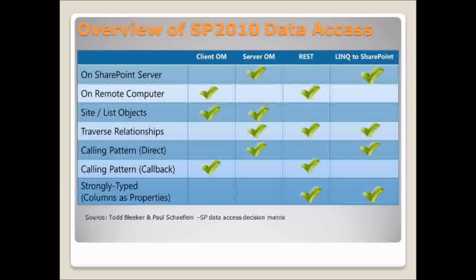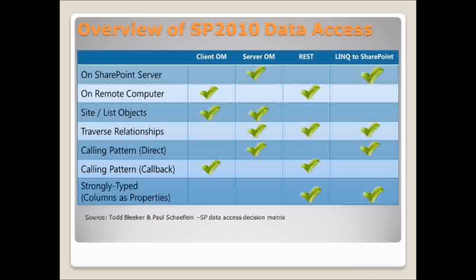We have to have a quick look at the calling pattern. The calling pattern is how you have to batch up code, or if it's executed straight away. So in this example, the calling pattern direct on the server object model means that as you write something to the API, it actually will go and perform that action on your behalf. And LINQ to SharePoint, obviously being on the server, works in exactly the same way as the server object model.